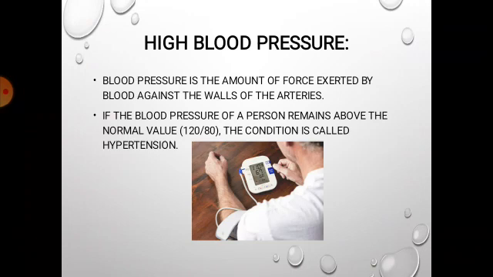Now, there are some diseases related to the blood circulatory system. High blood pressure. High blood pressure is the amount of force exerted by the blood against the walls of the arteries.